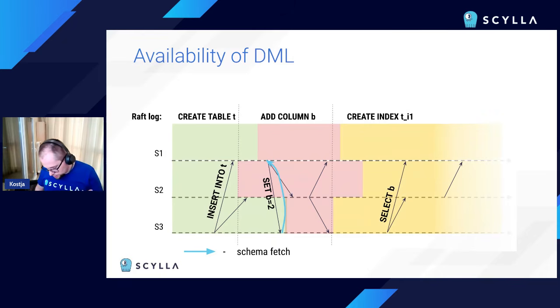We allow the clients to send writes with some older schema versions, and we allow nodes which don't have the right schema version. If the client sends information with the most recent schema version, but that node specifically hasn't heard from the leader yet, that node would just go to a neighboring node and try to get that schema from it. Here you can see nodes S1, S2, and S3, and every node might have a slightly different version of the schema at every particular instant.